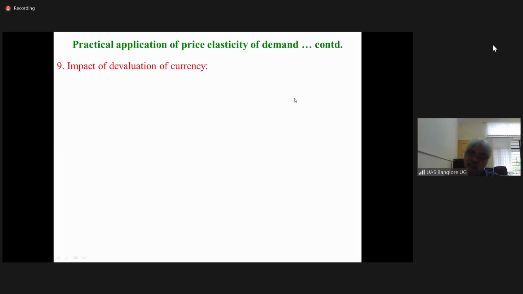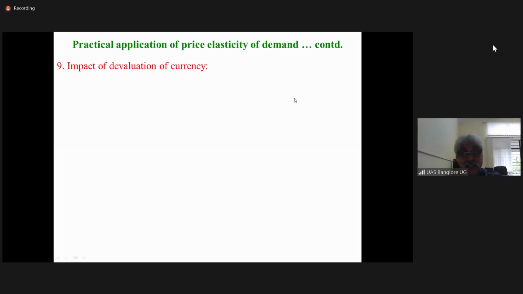Now, if the Indian government devalues the Indian currency, instead of paying 75 rupees to get 1 American dollar, we may have to give 100 rupees. But from the export point of view, it is advantageous because an American importer can purchase 2 kgs with 1 American dollar, whereas earlier he was purchasing 1.5 kgs.